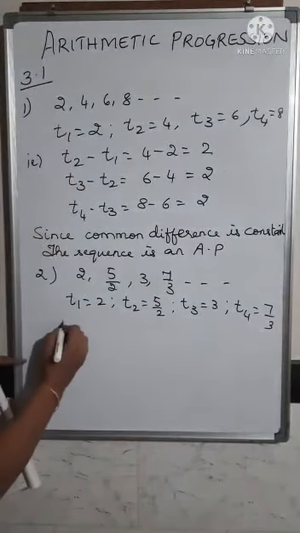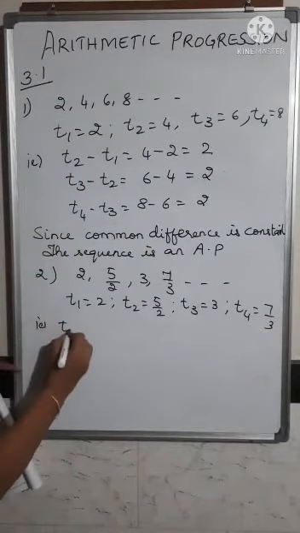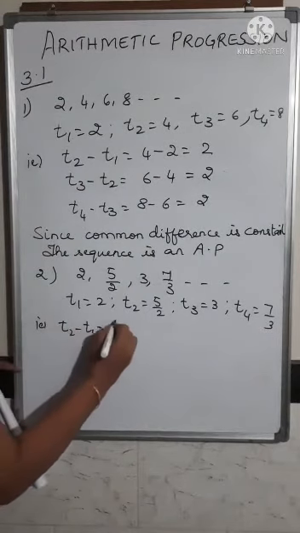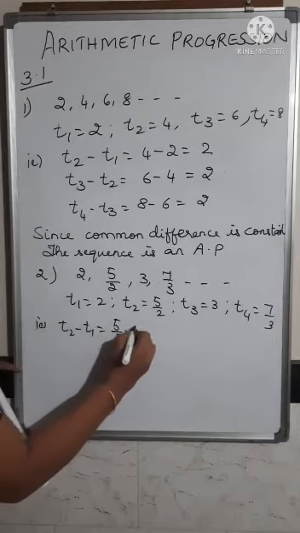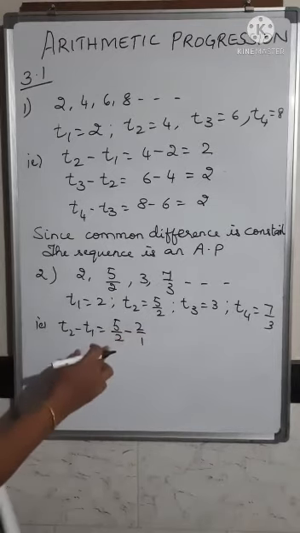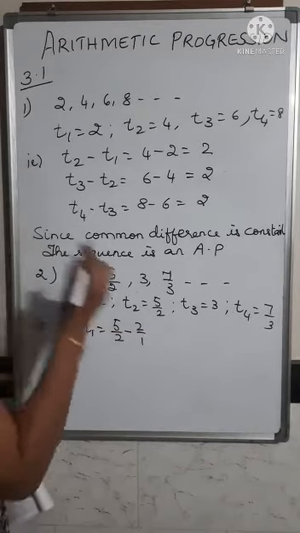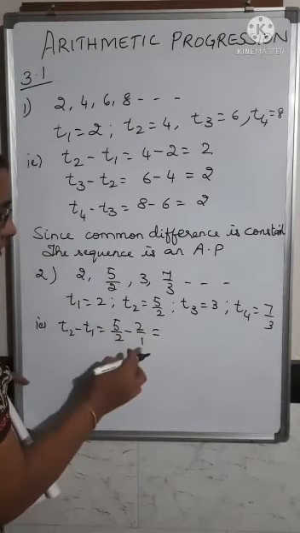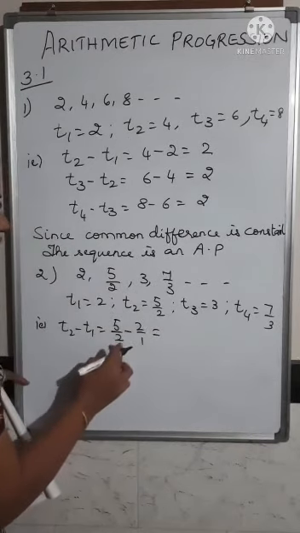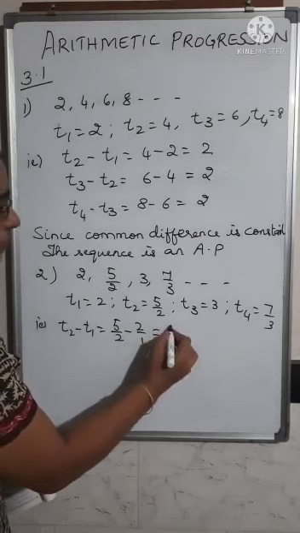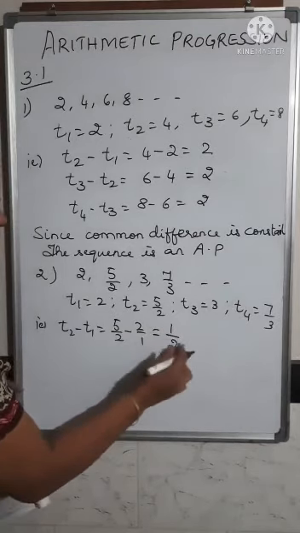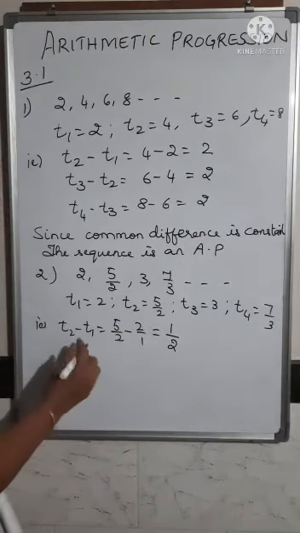So here T2 minus T1 is 5 upon 2 minus 2. When you have a fraction, be careful, you have to cross multiply and simplify it. So 5 ones are 5 minus 2 twos are 4. So 5 minus 4 will be 1 upon 2. So the common difference is 1 upon 2.